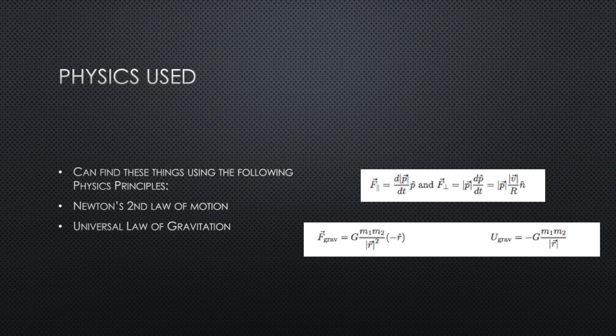As well as the momentum principle being the change in momentum over the change in time, it could also be the net parallel and the net perpendicular forces added together.